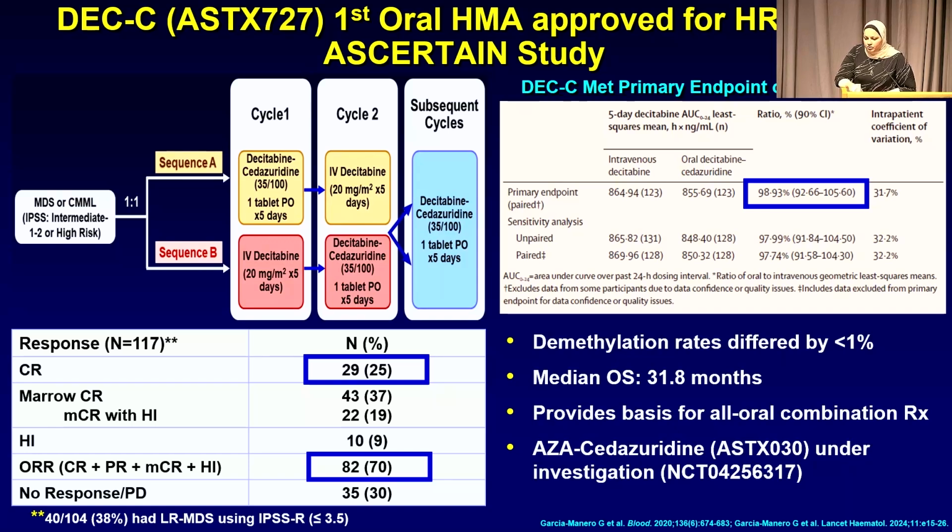The overall response rate with decitabine cedazuridine was 70%, CR rate 25%, and a median overall survival of around 32 months. However, about 40% of the patients treated on the study had lower risk MDS, explaining the longer survival and higher response rate. This oral HMA is a major advancement because it decreases the burden associated with parenteral HMA therapy and facilitates the development of future oral combinations.